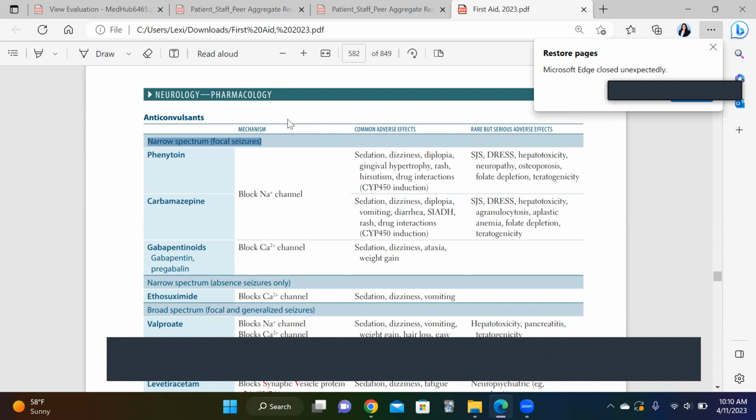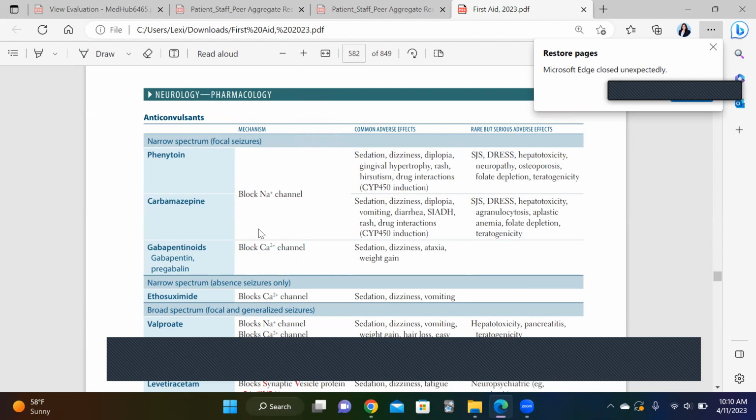The broad spectrum or generalized seizures is going to be that full body situation, right? So it's usually weird side effects. But that being said, most of the drugs are used for both in real life. The mechanism of action of these three is either blocking sodium channels or blocking calcium channels.